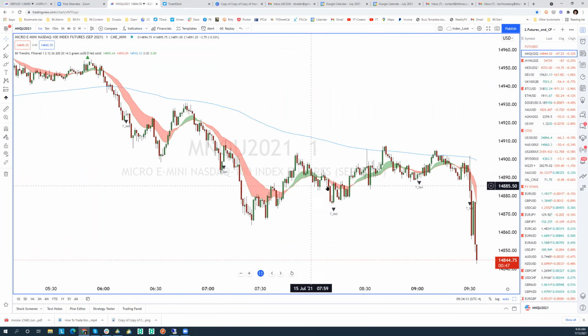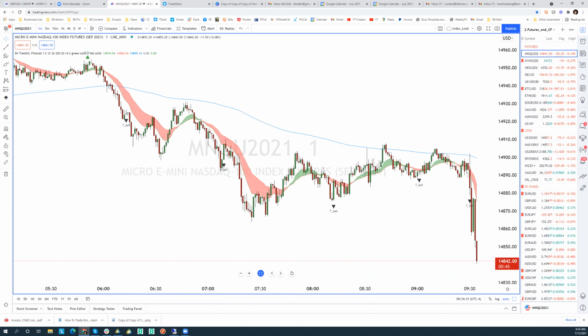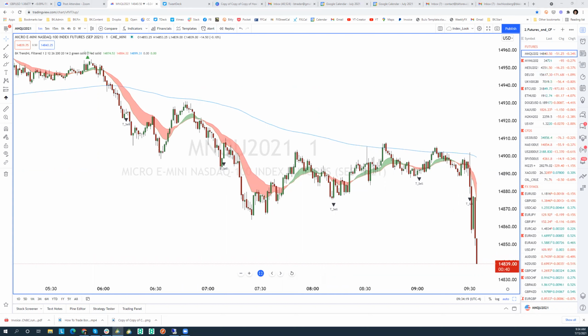Nasdaq's breaking fresh lows. My apologies. I'm short at the 40s in Nasdaq, just to see if it's going to make any fresh lows.